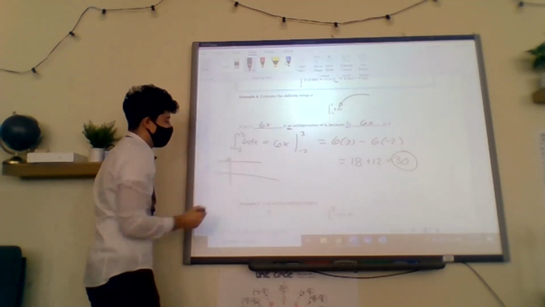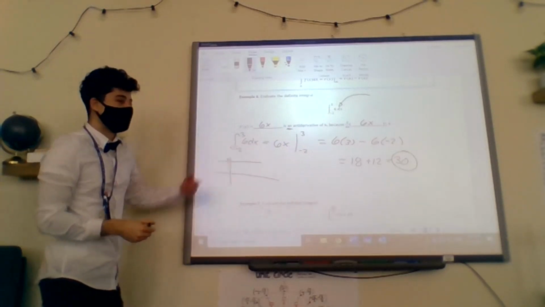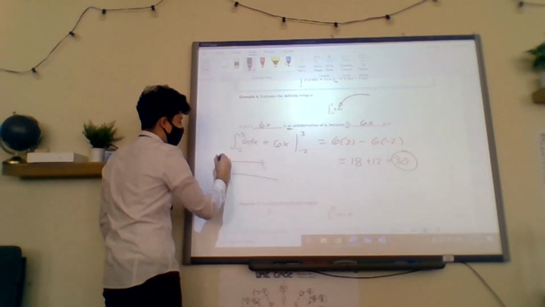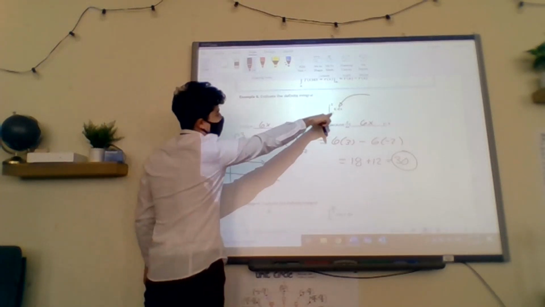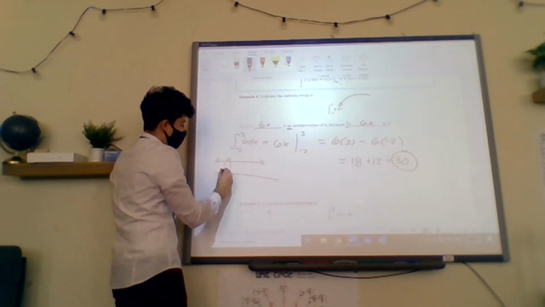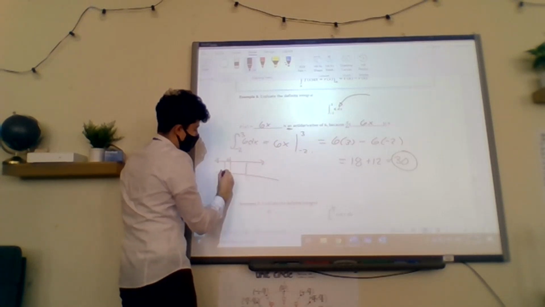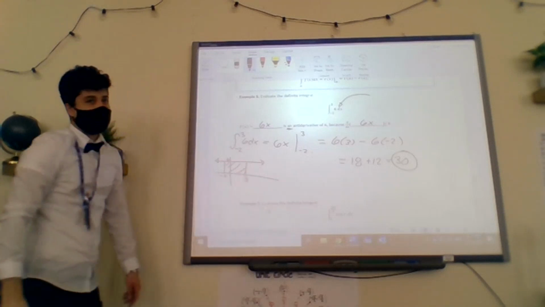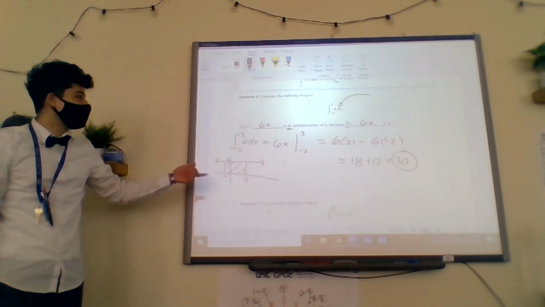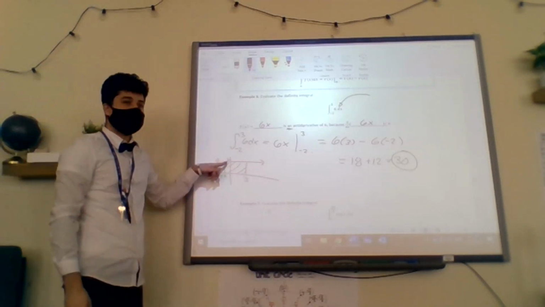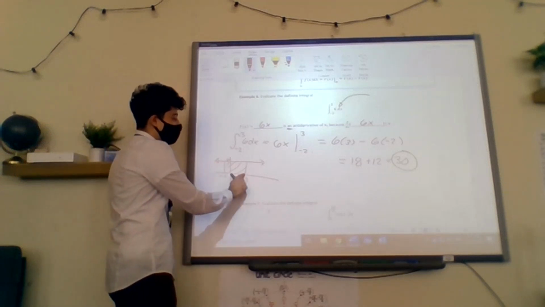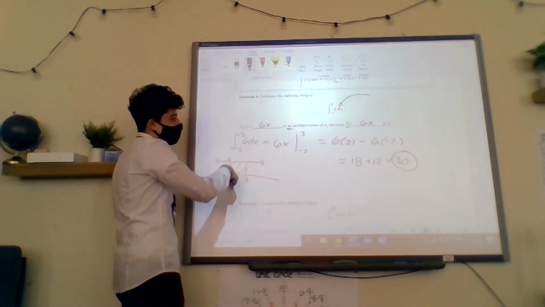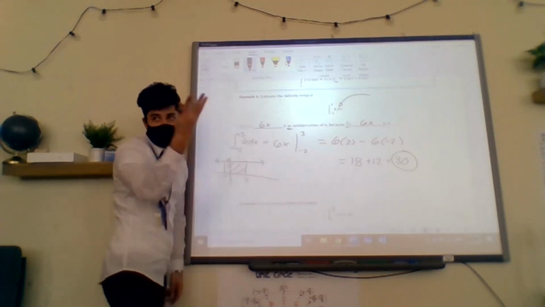Right here, that's that function, a horizontal line. So if we're trying to get the integral from negative 2 to 3, you could just get the area of this rectangle. That's a good way to check our answer. The area of this rectangle would be 5 times 6, 5 for the base, 6 for the height, which is 30, which is what we got.